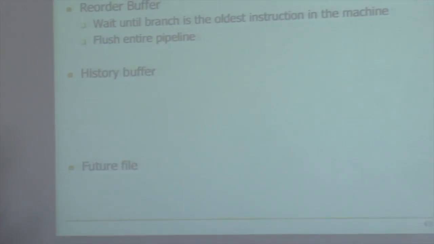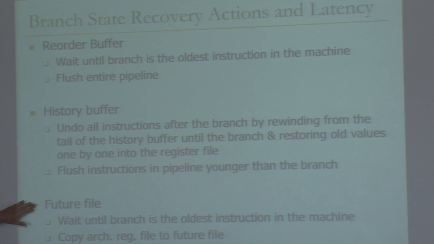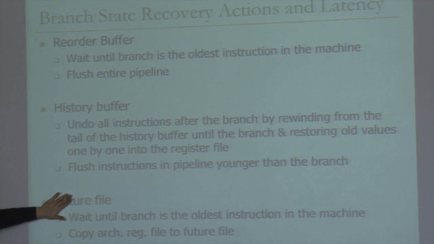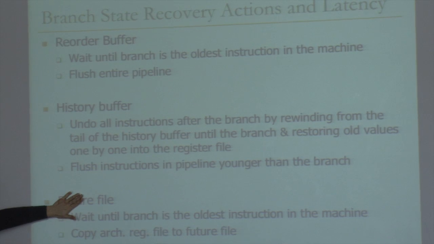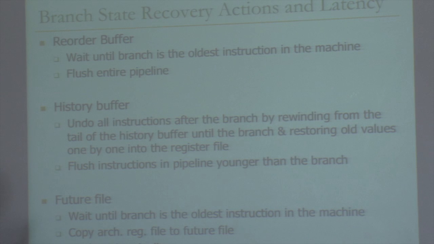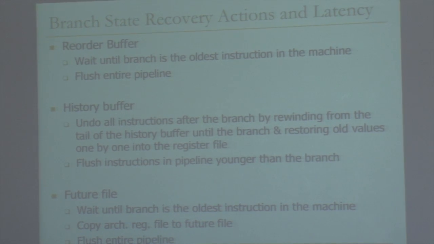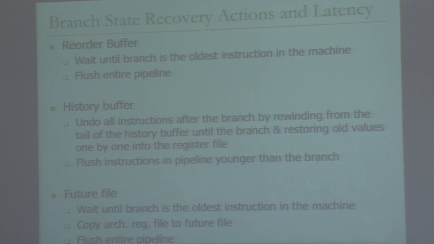So this is what you need to do if you have just a reorder buffer. Actually, let's go to the future file. How do you recover from a branch misprediction? What you need to do is get the state at the branch, or right before the branch, right? That's what you would like to really get to.